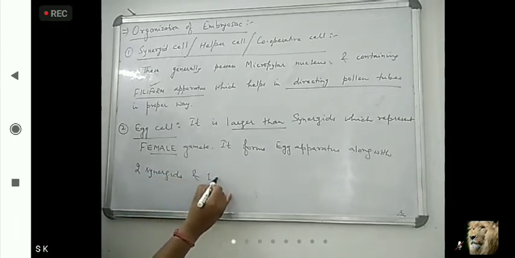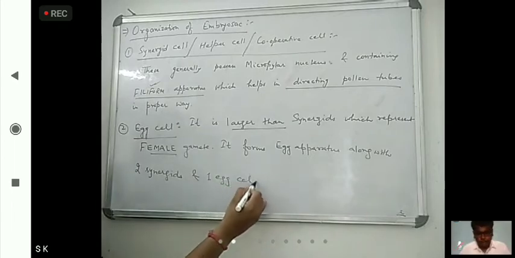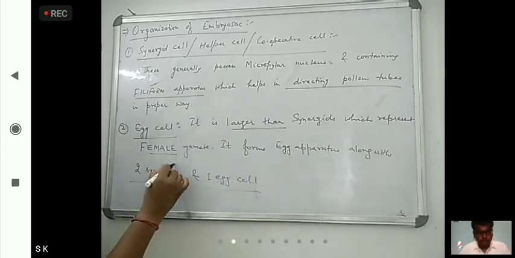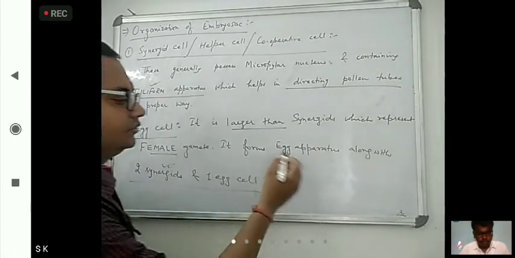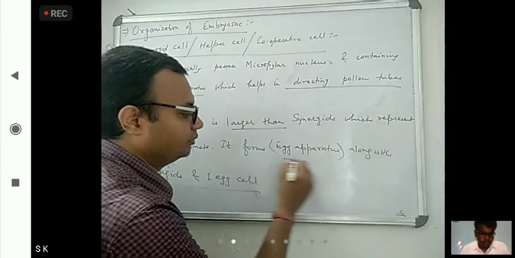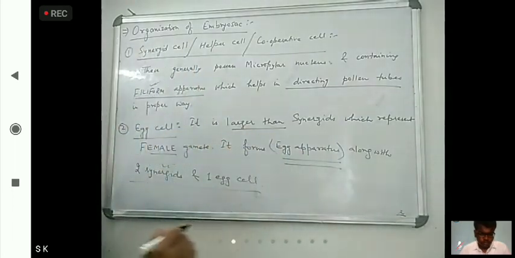Two synergids and one egg cell form the egg apparatus.